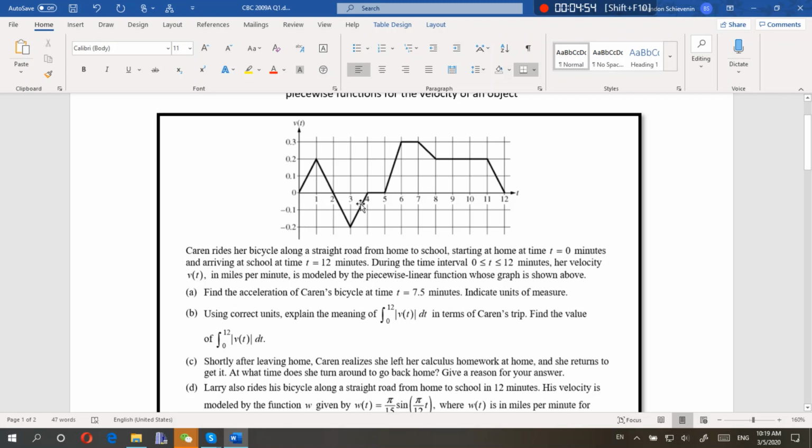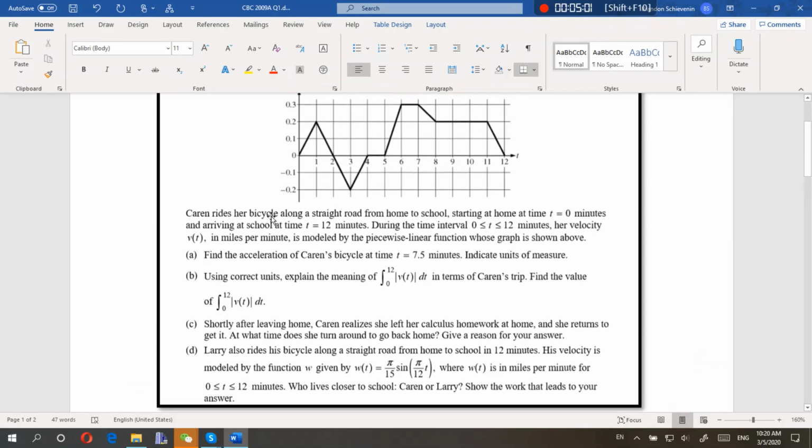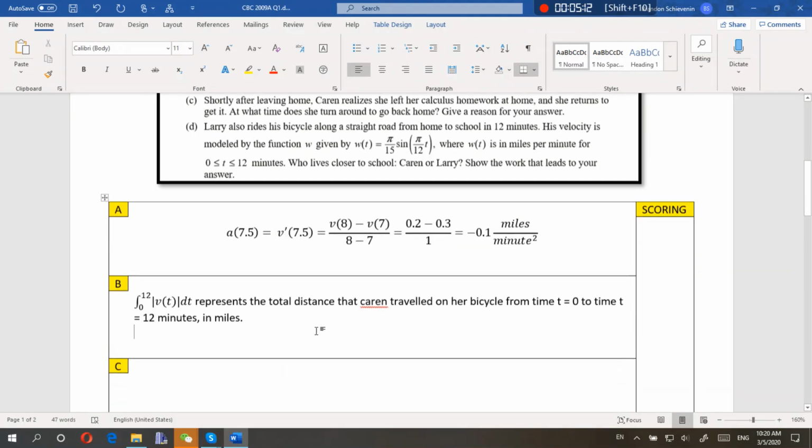So 2 times 0.2 divided by 2 is 0.2, but there are two of them, so it's going to be 0.4.